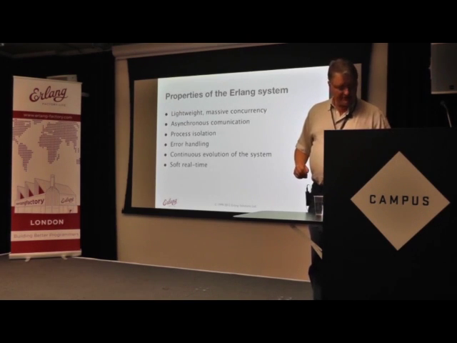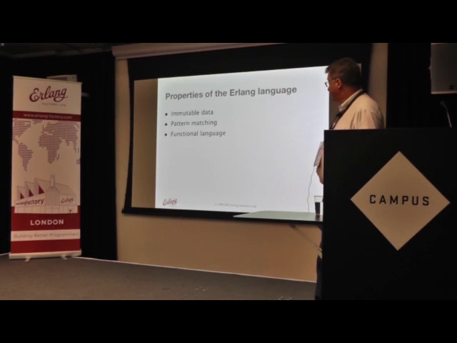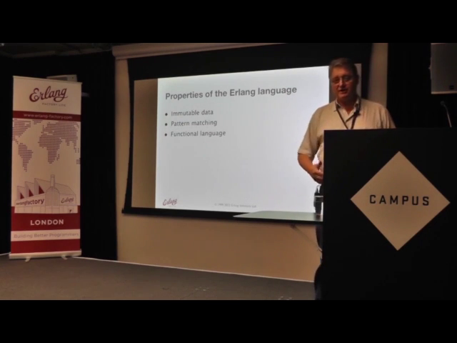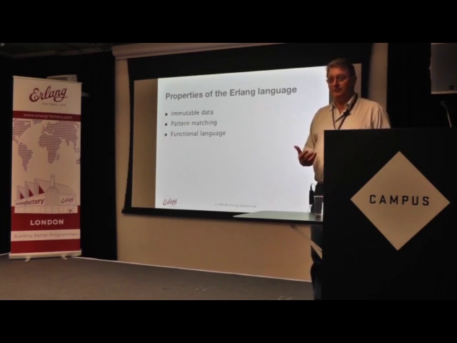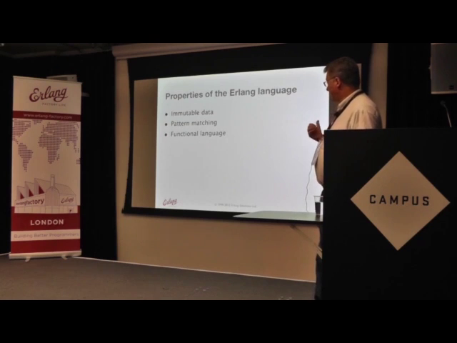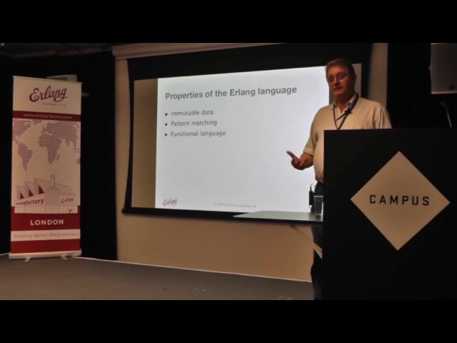Then you have a bunch of language properties, things like immutable data, pattern matching, it's a functional language. They're important, but they're not rocket science. This part of the language you'll find in a lot of other functional languages as well. So the system has to handle that, but it's nothing really special.